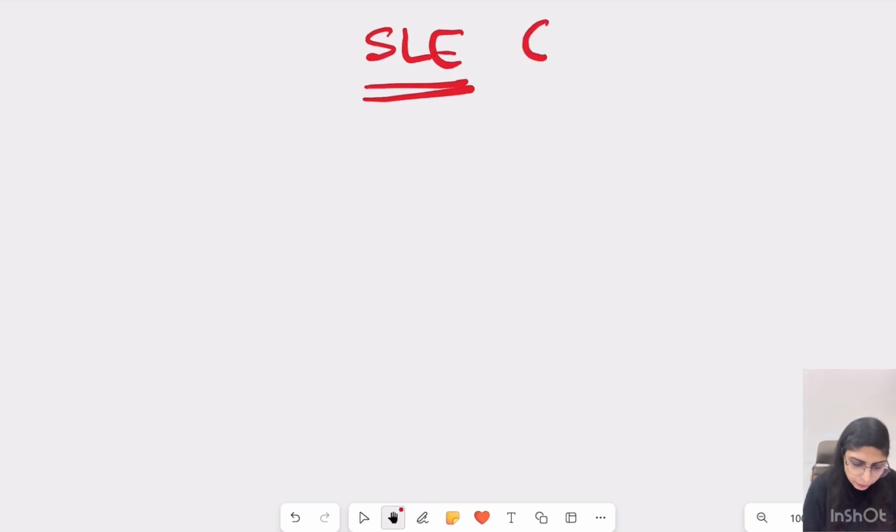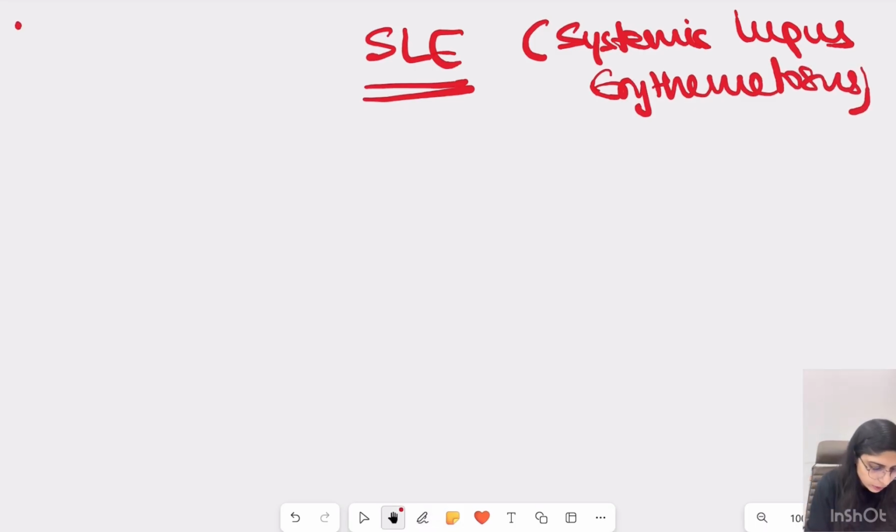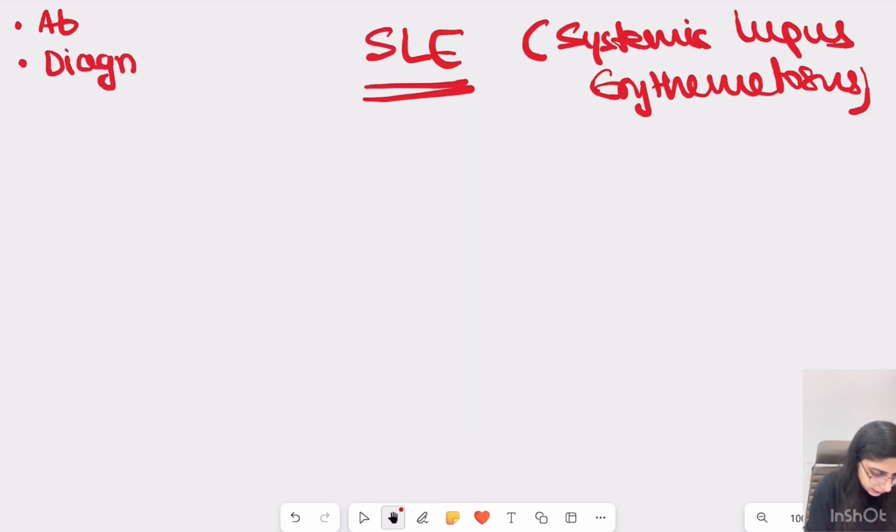We all know that SLE stands for systemic lupus erythematosus. Now, how are we going to read about it? First of all, we'll talk about the antibodies. Secondly, we'll talk about the diagnostic criteria.